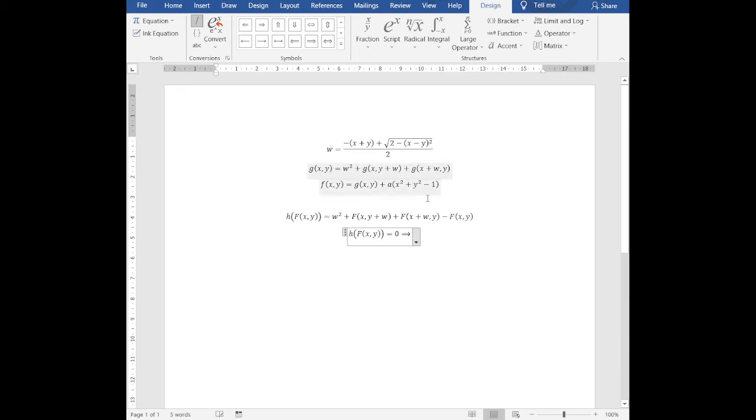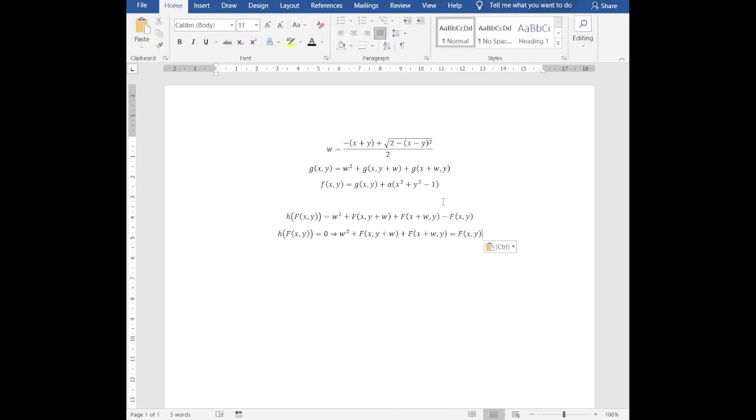Long double arrow, that's more like it. That implies that this is equal to 0, which in turn implies this is the case. Therefore, if we find some function such that h of that function is equal to 0, that function satisfies our conditions given above.